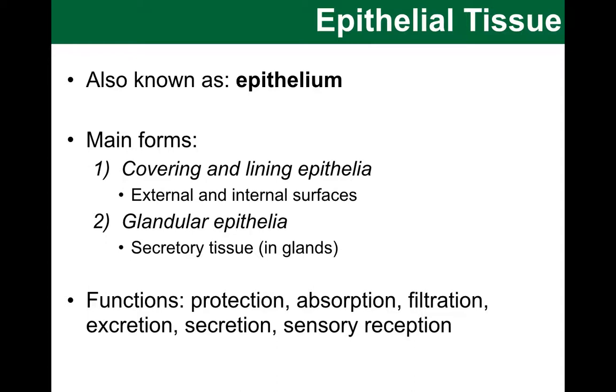But we also have another important role for epithelium, and for this special cells are needed. And this is the glands that secrete materials. And these are glandular epithelia. A really good example of this would be, I think, the salivary glands.